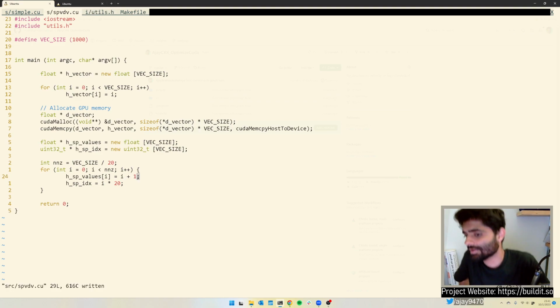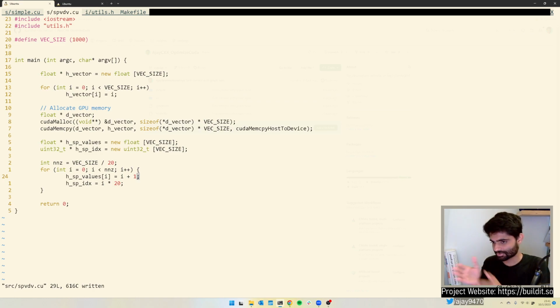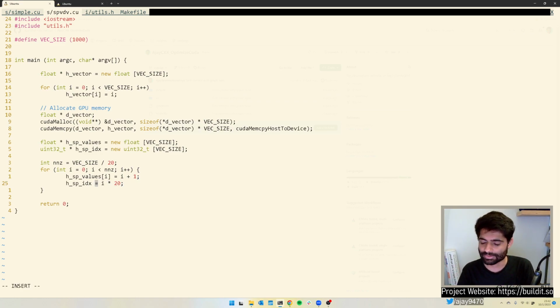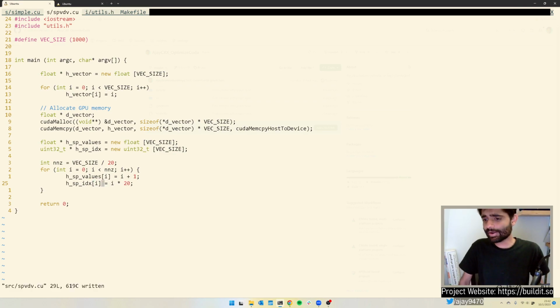We have one, then two at the 20th index, three at the 40th index, and so on. We only need to store the values contiguously. Yeah, so we are basically creating two arrays.